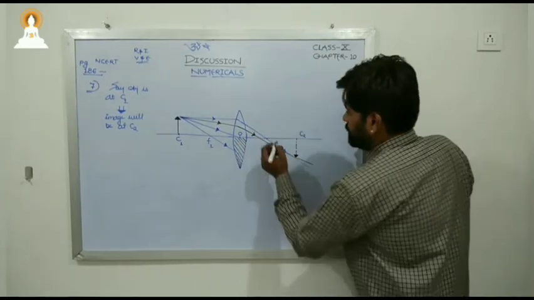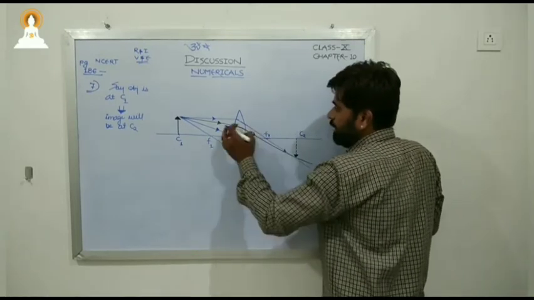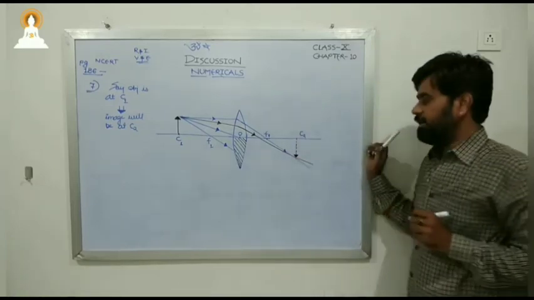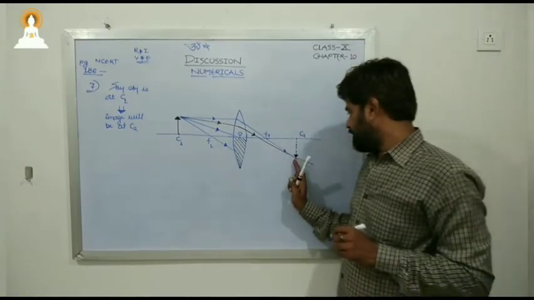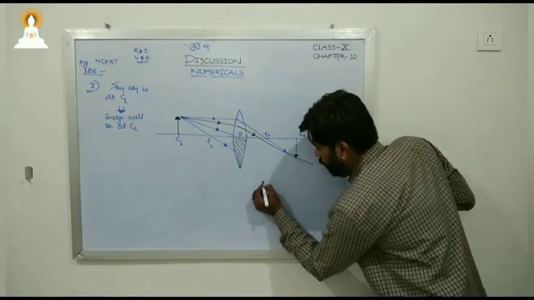So many such rays are there, which are coming in such a way to this particular point and forming the image. If they are forming the image, then definitely we will have the full image.